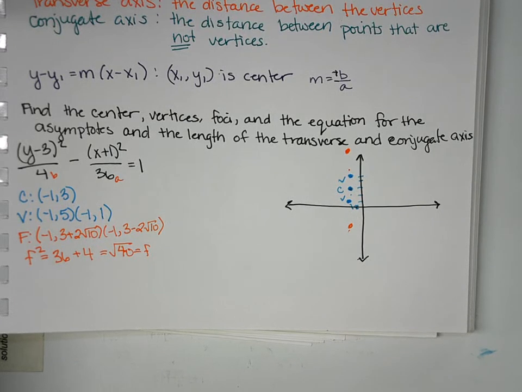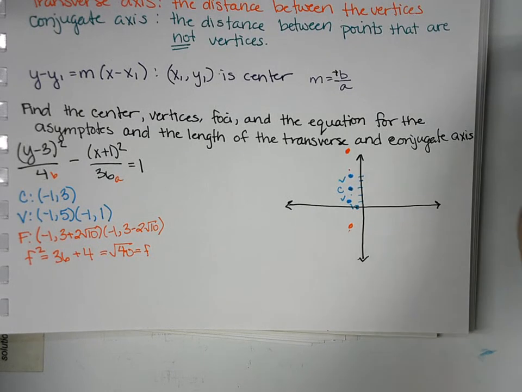So then the last thing that we really need to be able to graph this are the asymptotes, because those are going to guide how wide or narrow of a graph we're going to draw.